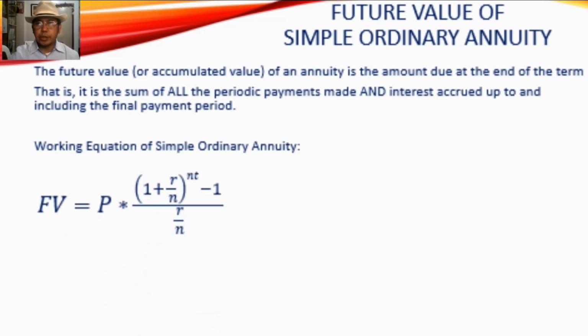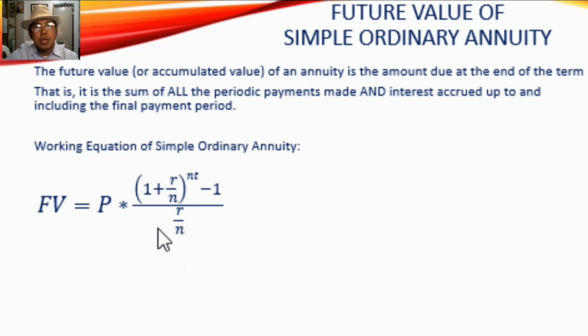Our working equation is: the future value of a simple ordinary annuity is equal to P, where P here does not represent the principal but the periodic payment, multiplied by the quotient of the sum of 1 plus rate over n, which is the mode of conversion or period of conversion or compounding period, raised to an exponent, the product of n and time, minus 1, over the rate over n.